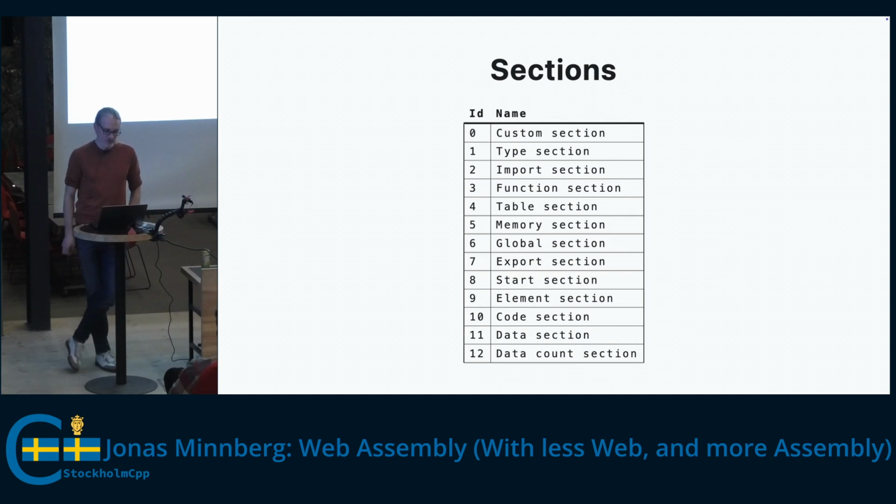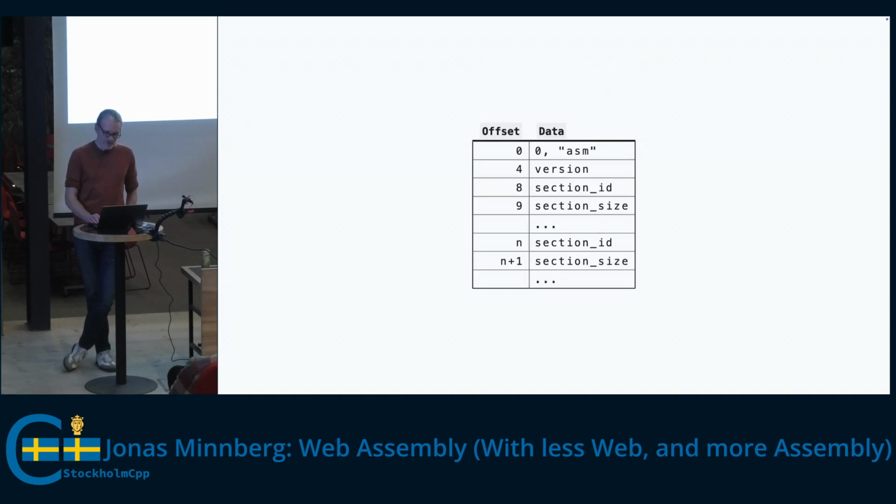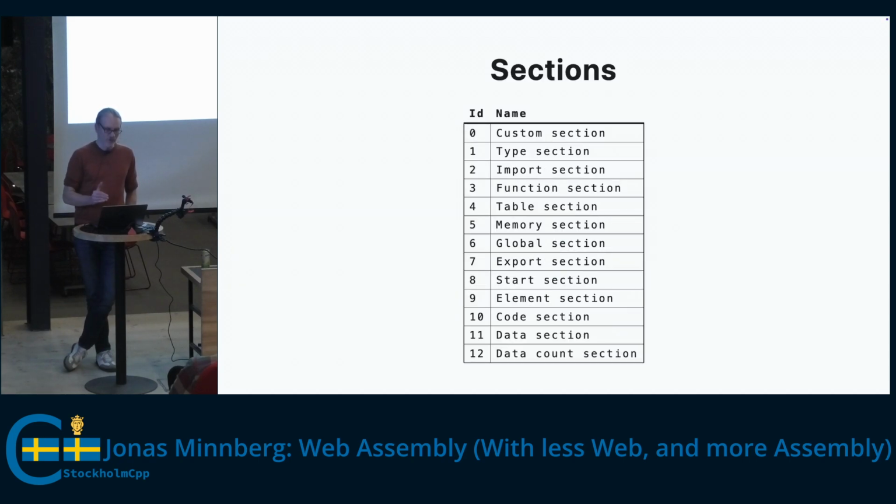We're mostly going to deal with the function code, or maybe a bit about the data section, but it's the code that we are interested in here. The specification says that you have to provide the sections in a specific order, because they want you to be able to stream them over the network quickly.